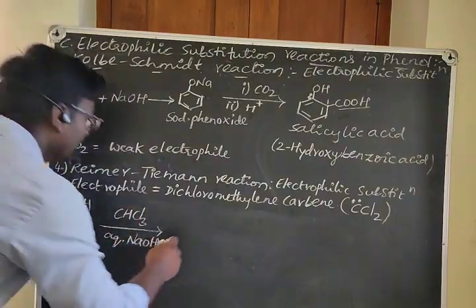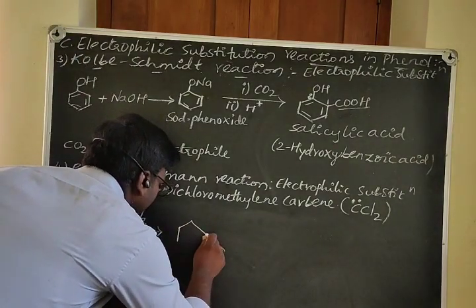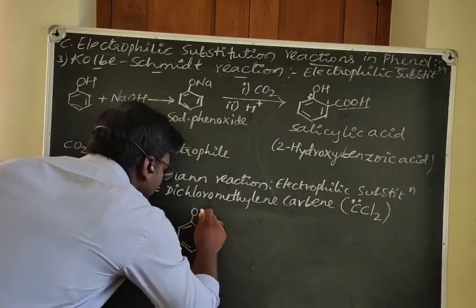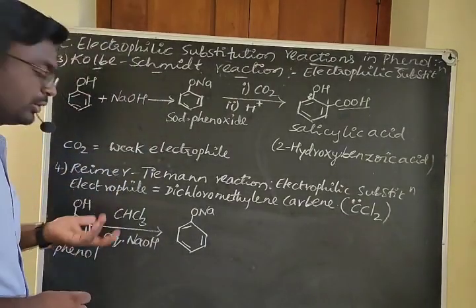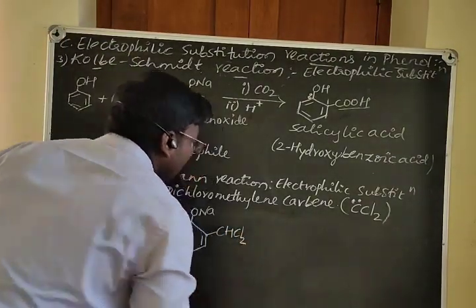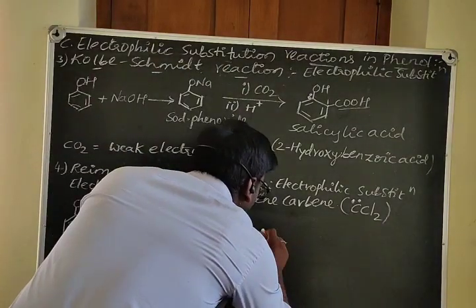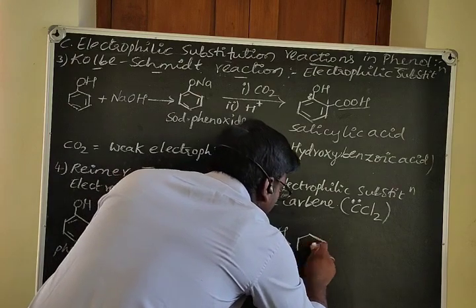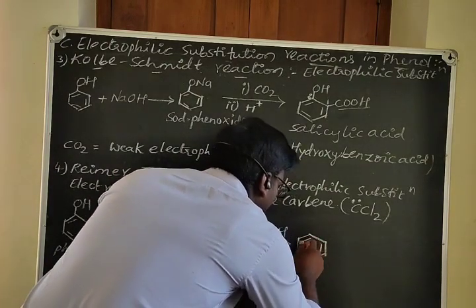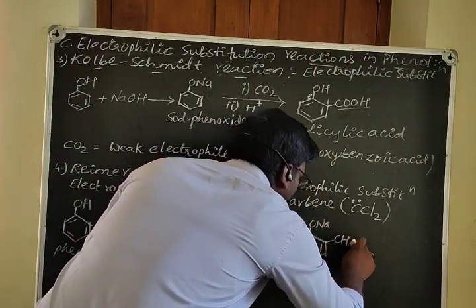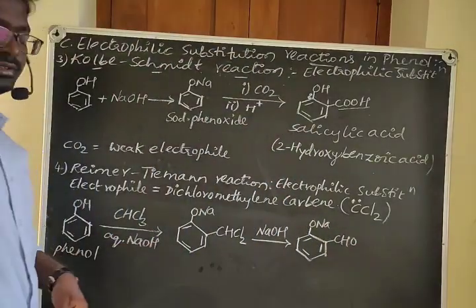It acts on the phenol and gives this compound. Here the OH became ONa, and there is a CHCl2, and when this compound is further heated with NaOH, you can see this compound as ONa with CHO. You can see the aldehyde group is present.